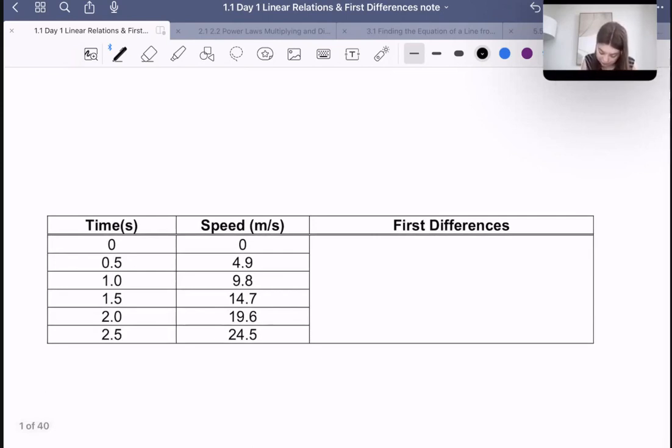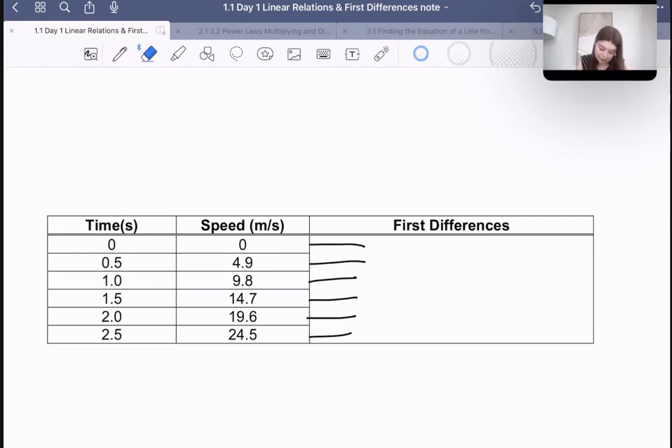To find the first differences, we need to subtract. We need to do 0 minus 4.9, then for the next one, 4.9 minus 9.8, and so on, right? So let's find those first differences here. What's 0 minus 4.9? That's negative 4.9.